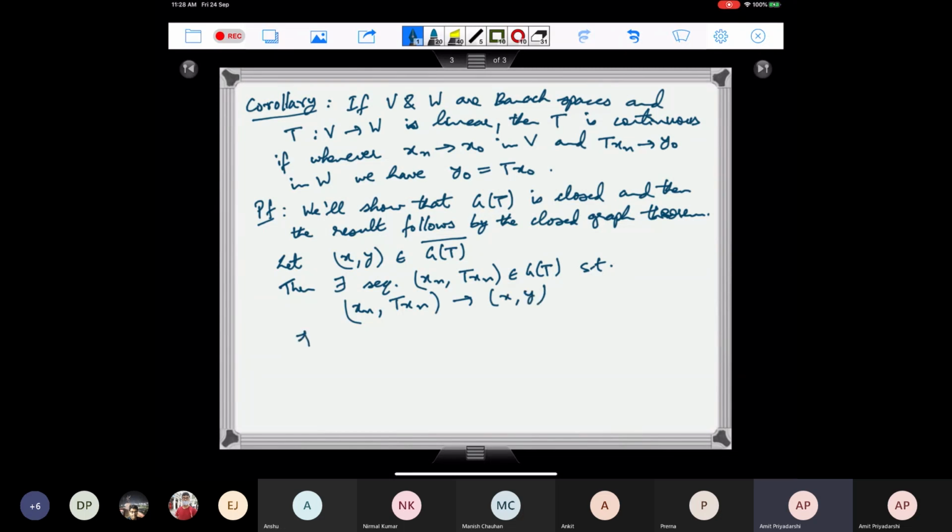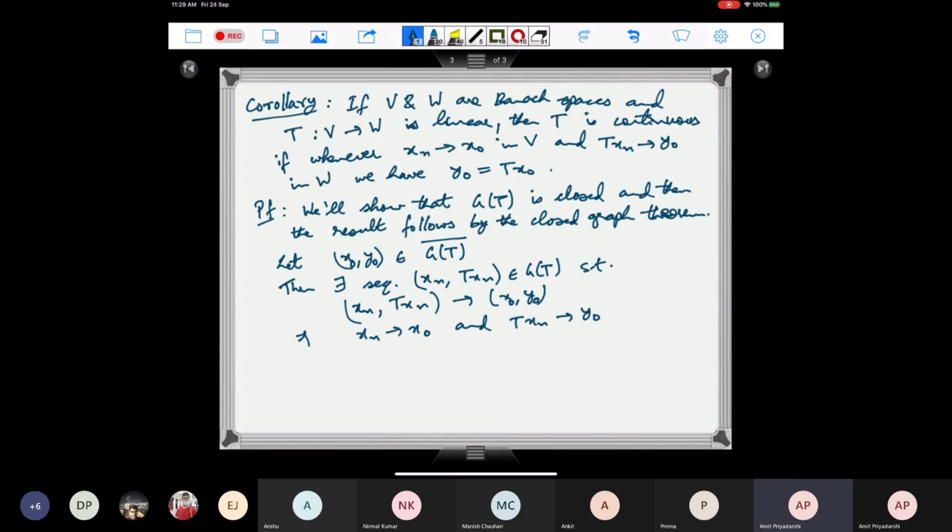But this implies xn converges to, let's write this as, x naught, y naught. So xn converges to x naught and Txn converges to y naught.